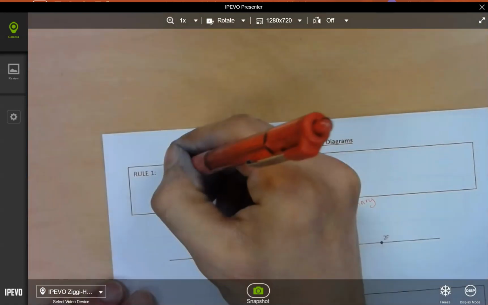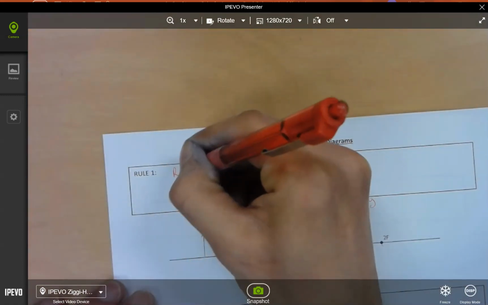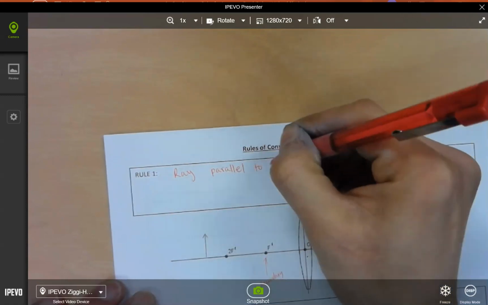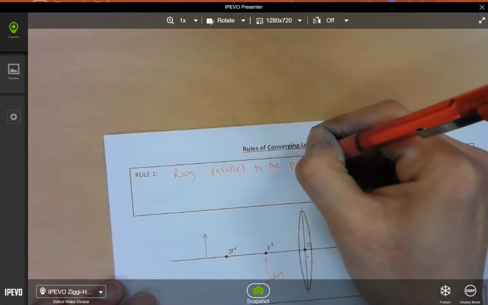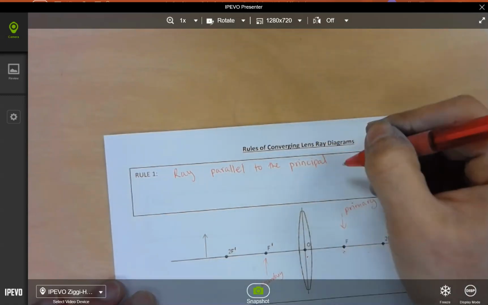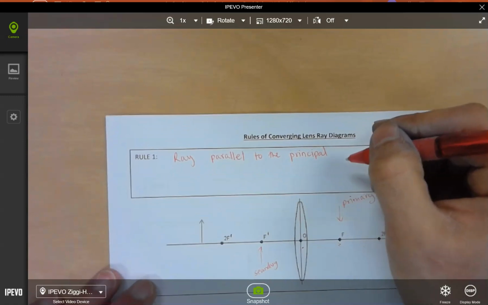So, rule number 1: any ray parallel to the principal axis. I hopefully don't have to remind you what the principal axis is. It's the same thing as it was before, right?